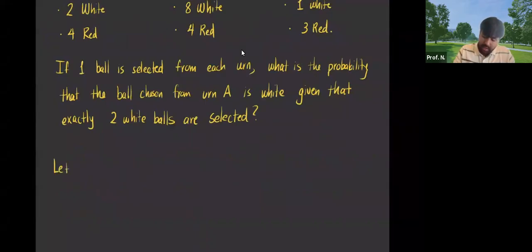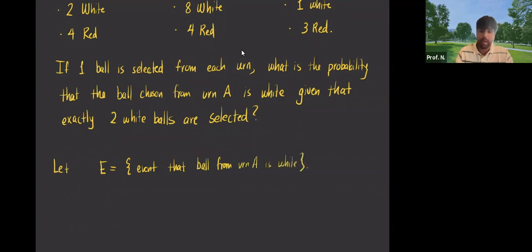So again, I'm going to use a different letter instead of A, because A has already been used for urn A. So I'm going to use E, okay? So let E be the event that the ball from urn A is white. I defined my event.